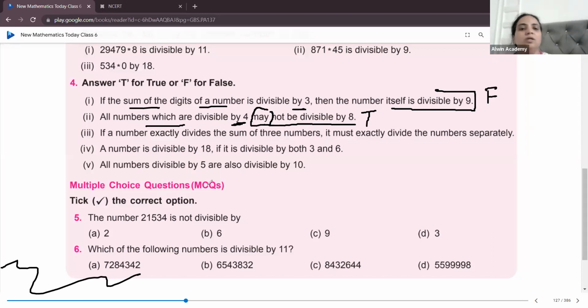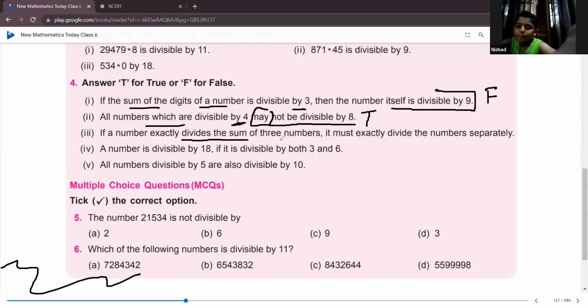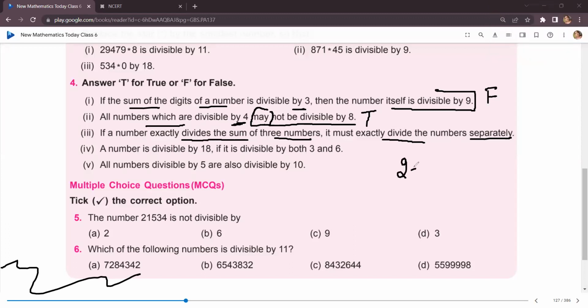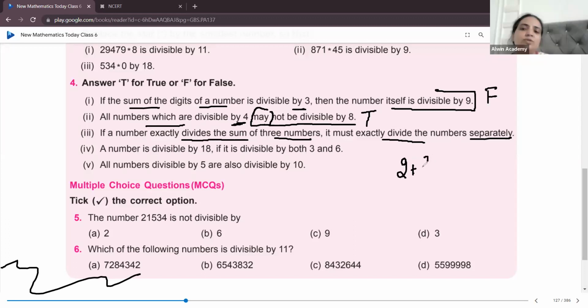If a number exactly divides the sum of 3 numbers, it must exactly divide the numbers separately. What is the answer to this? कोई एक number है जो sum of 3 numbers को divide कर रहा है. Let's take an example. Ma'am, true. जैसे 2 plus 3 plus 4. What is the answer here?